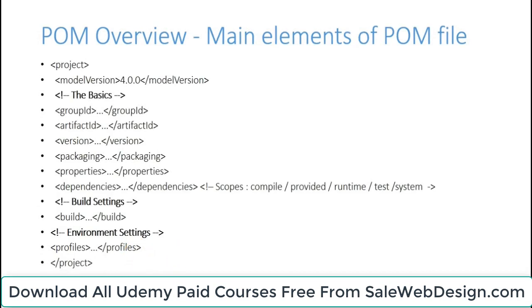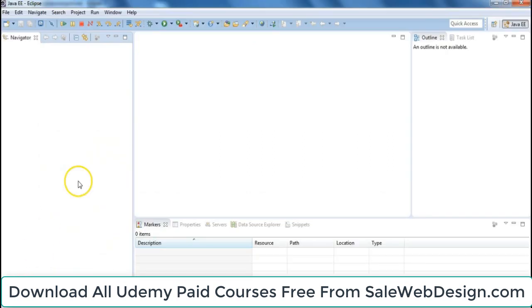Now let me go to the Eclipse IDE and demonstrate creating a Maven project that I will be using to code our web services. So here, as we can see, I have opened a blank Eclipse workspace with nothing here, and in this workspace I am going to create all my web services as a Maven project in Eclipse.